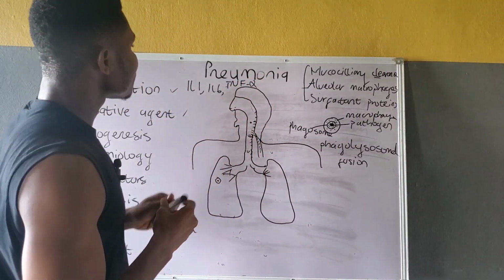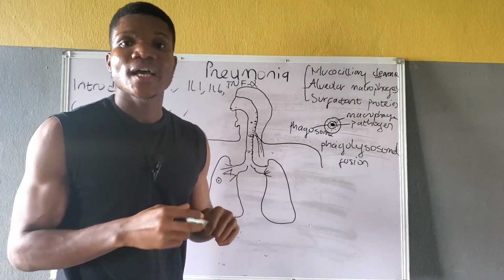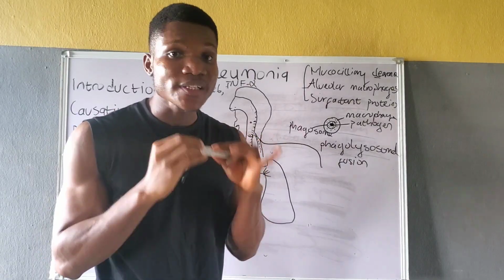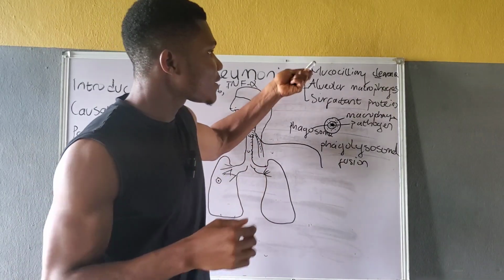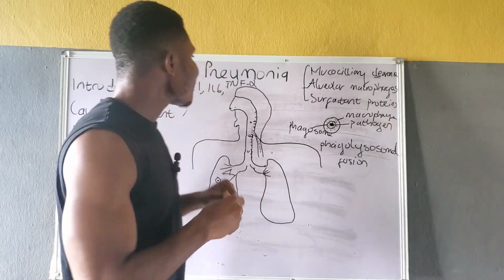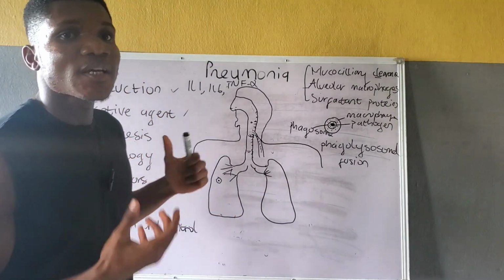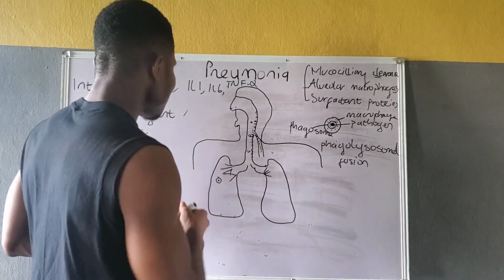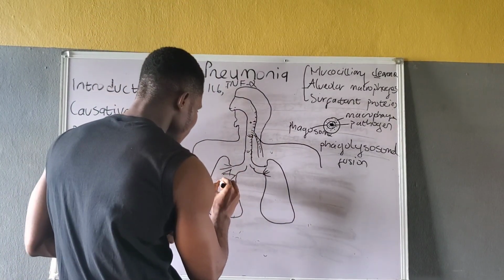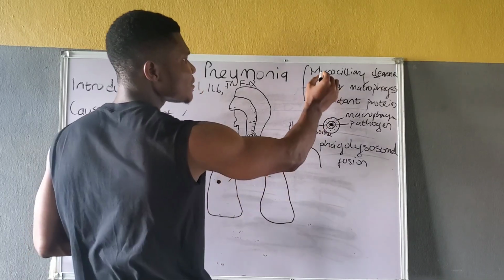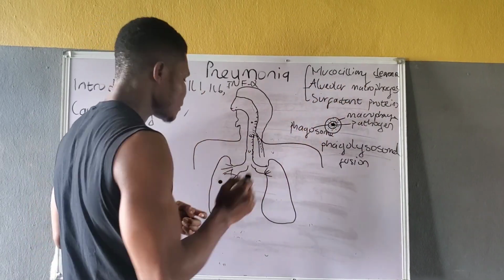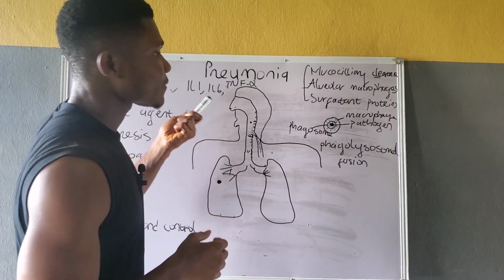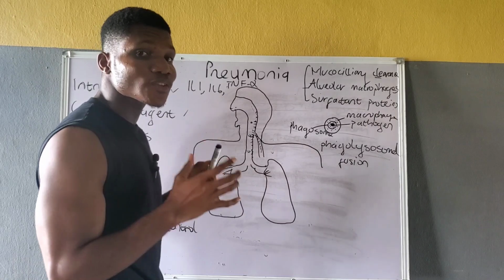When these cytokines have been released as a result of the pathogen evading this first line of defense, they cause the co-stimulation and release of neutrophils. So let's say this is a pathogen within the lungs that has evaded mucociliary clearance, alveolar macrophages, and surfactant proteins. Interleukin 1, 6, and tumor necrosis factor alpha are released, and they cause the release of neutrophils.